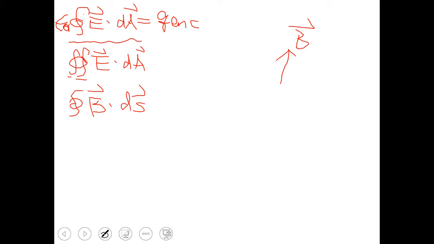Usually we also write S here, for example if S is a Gaussian surface, to specify that this double integral is calculated over this surface. And this is a line integral which is calculated over a contour. For example, this is called C, and maybe we calculate in this direction, counterclockwise.